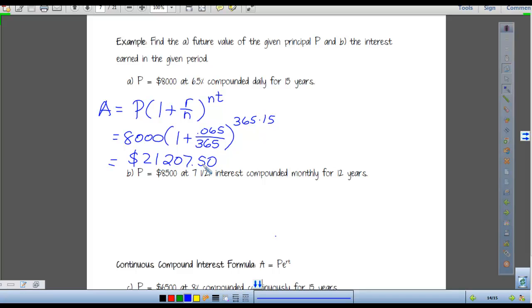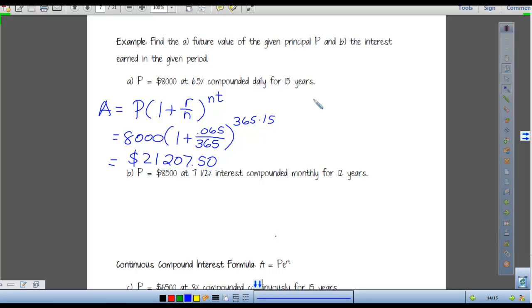Again, we've got P equals $8,500 at 7.5% interest compounded monthly for 12 years. Oh, by the way, they also wanted the interest in this one. So how would we figure out how much interest was earned? If this is what we have now, subtract what we invested, right?